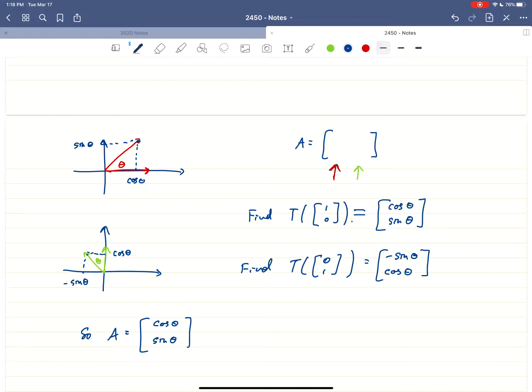And we're done. Our A is a 2 by 2 matrix, and the second column is going to be minus sine theta, cosine theta.